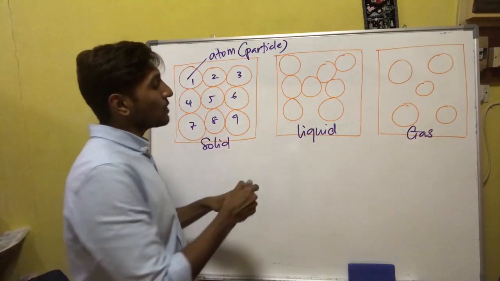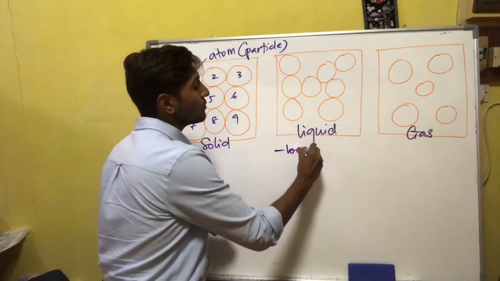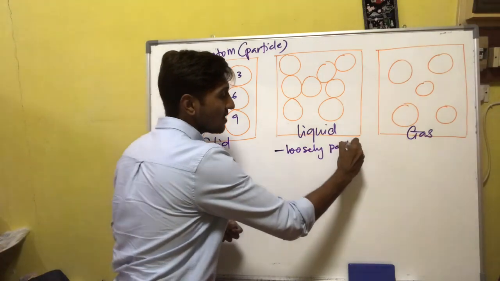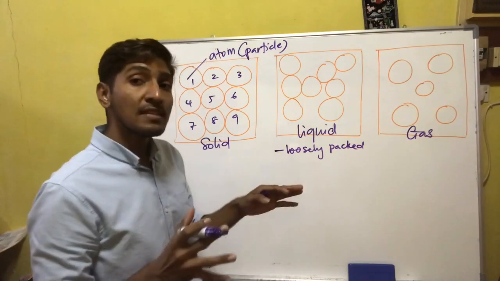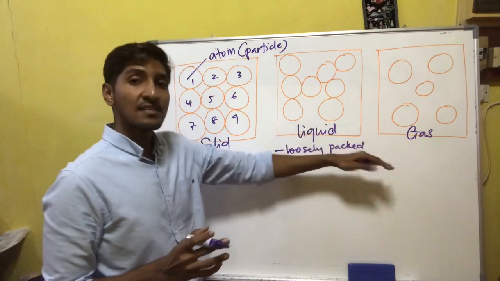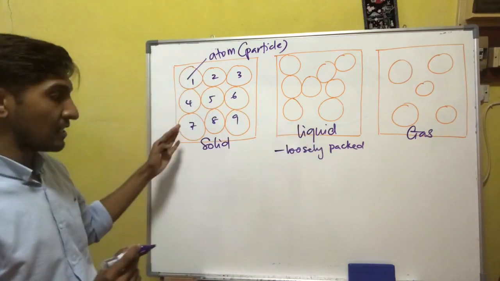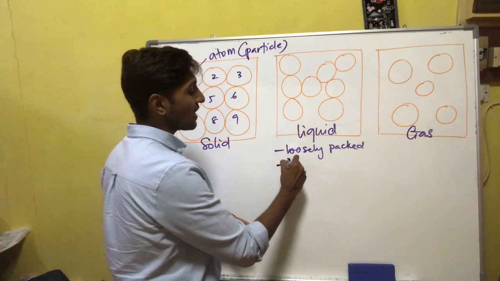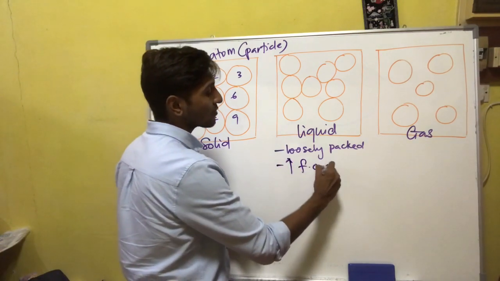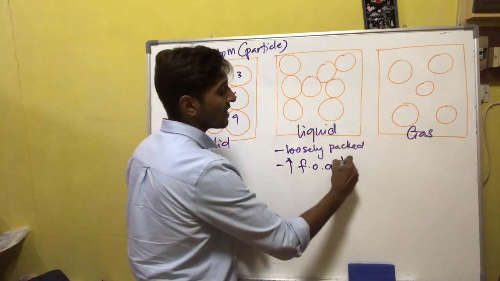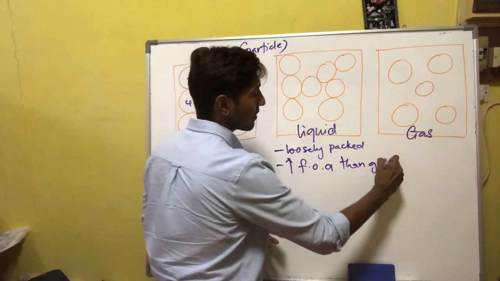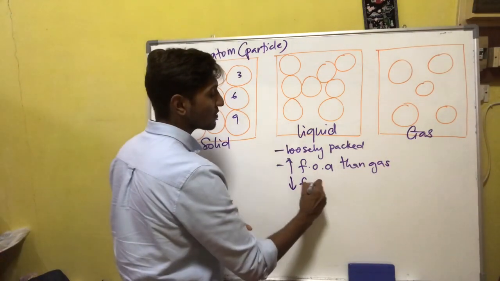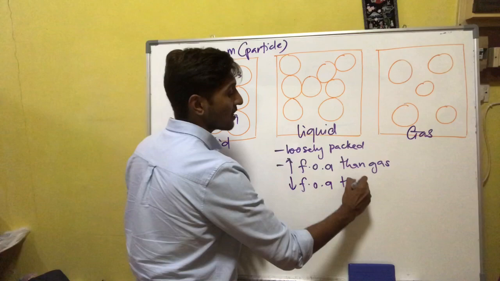So liquid is loosely packed, but not as loose as gas and not as close as solid. And for the force of attraction, it has a higher force of attraction than gas but a lower force of attraction than solid.